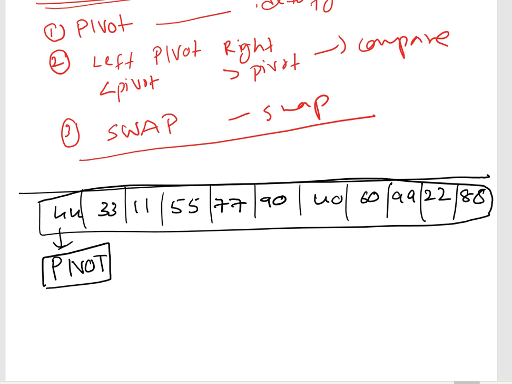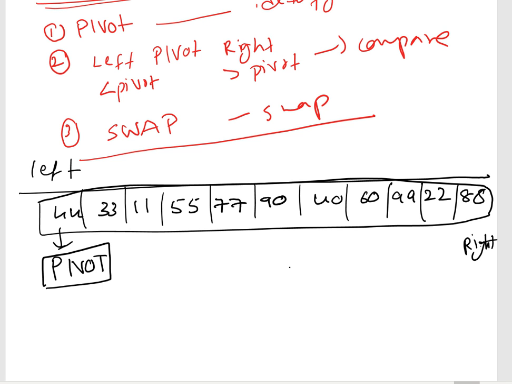You scan from right side to left side and compare each value with the pivot value. Identify which value is smaller than the pivot, then you swap it.